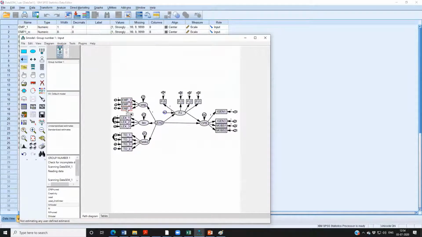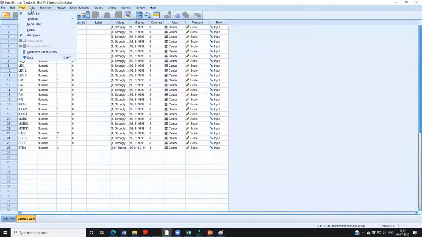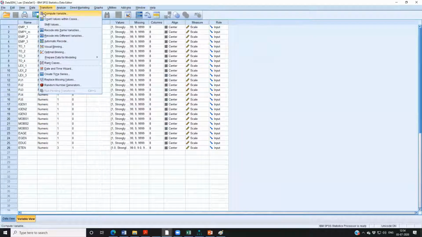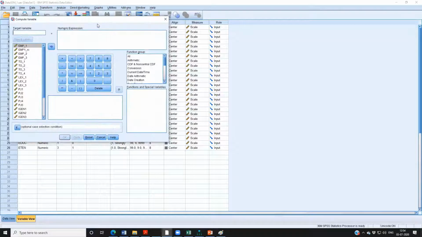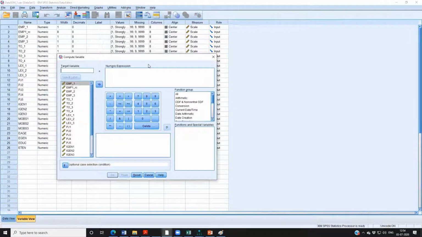Between these items. So what I will do is I will say Data, Transform, Compute Variable, and instead of having the 3 items that I had for EMP, I will call this EMP underscore P, parcel for EMP, which will be the mean of the 3 items of my construct.